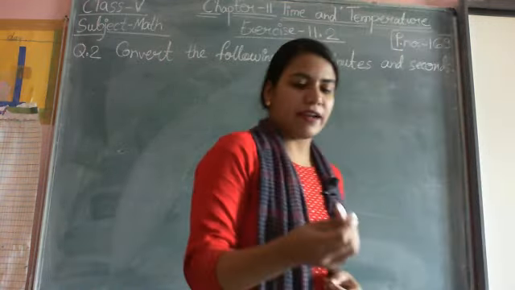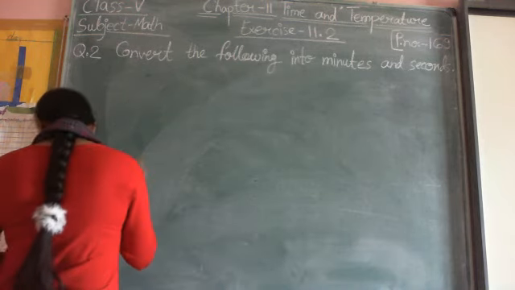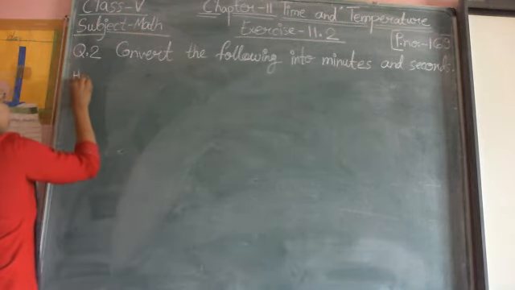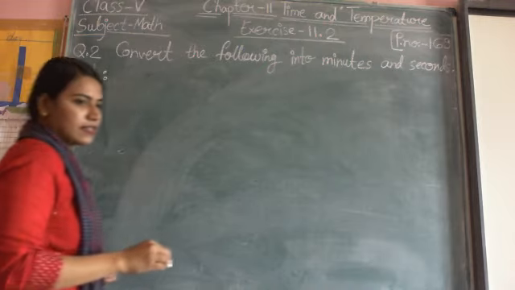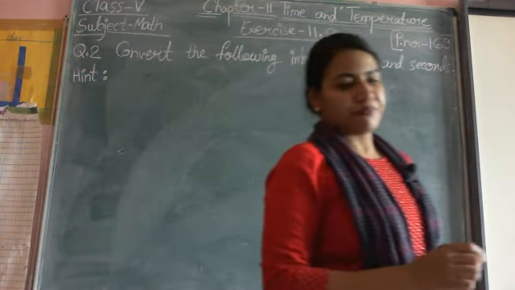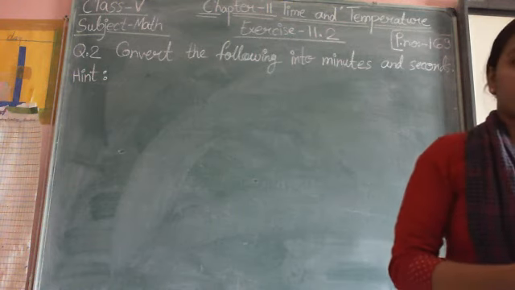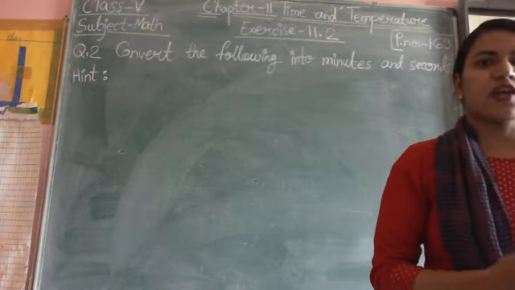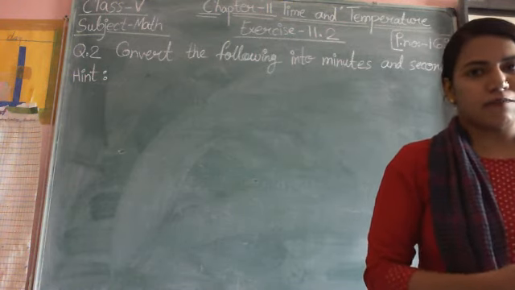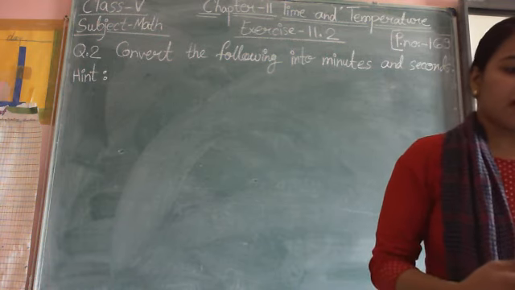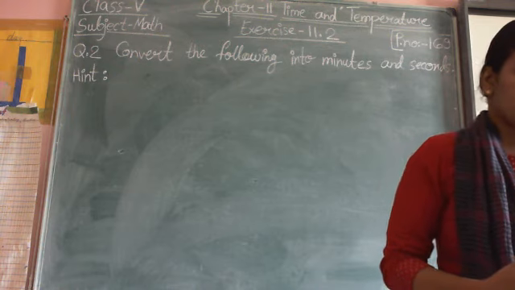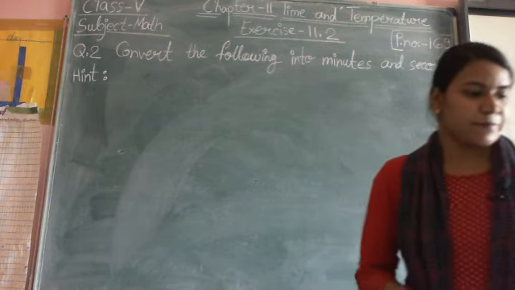First of all, I am going to write a hint, which we will use to solve these questions. The hint is: to convert the number of seconds into minutes and seconds, we divide the given number by 60.